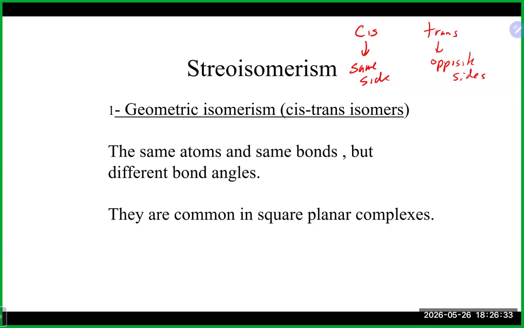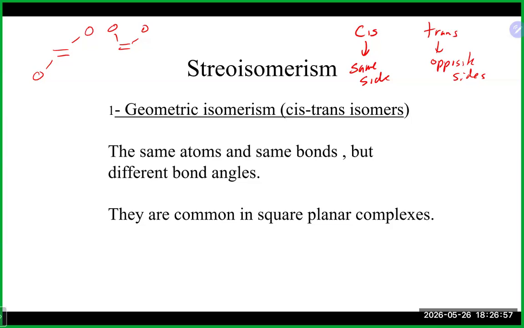In organic chemistry, a lot of times you're talking about a double bond and whether something's on the same side or opposite sides of that double bond. In these complex ions, we're talking about the same side or opposite side of the plane of the molecule. Are they on the same side?